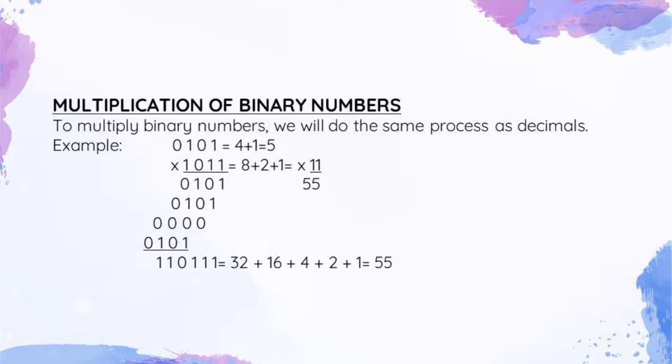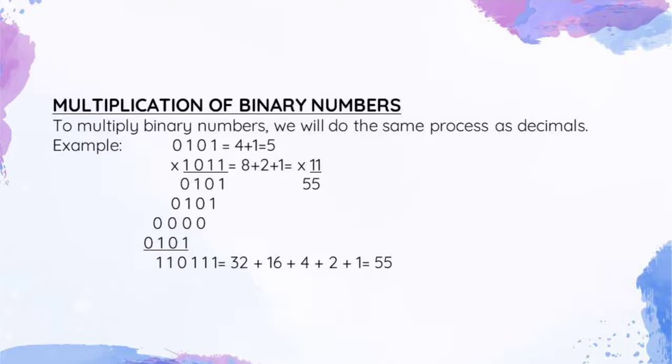So in total, we have to add it up to have the answer. So 1, we bring down the 1. 1 plus 0, so it is 1. 1 plus 0 is 1. 0 plus 1 plus 0 plus 1 is 10.